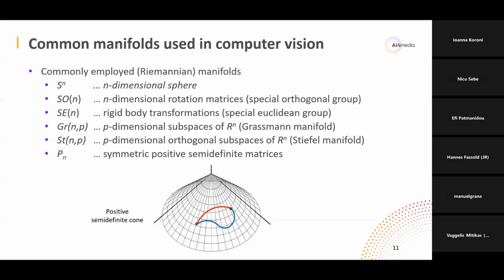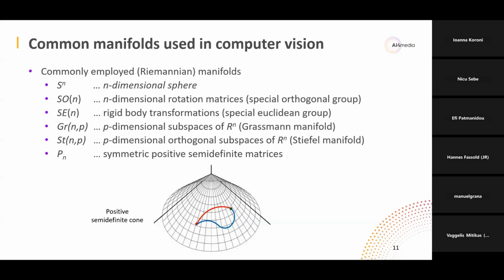And in matrix form, you usually have these 4 times 4 homogeneous matrices. Think, for example, of the transformation between two cameras which are viewing the scene.